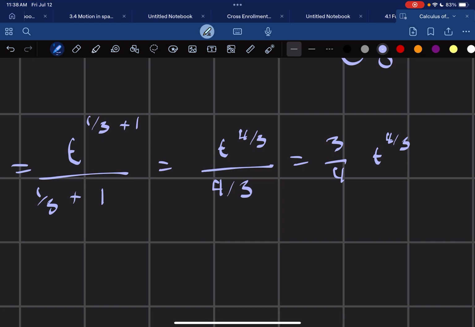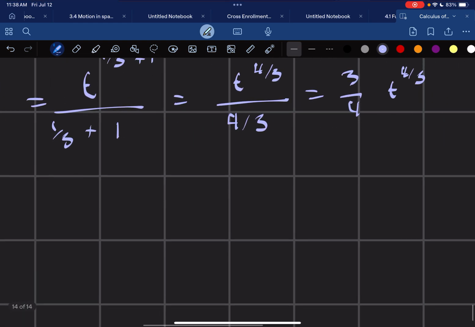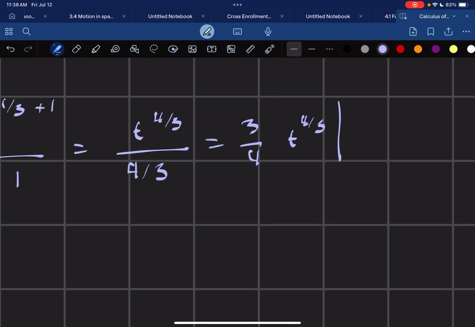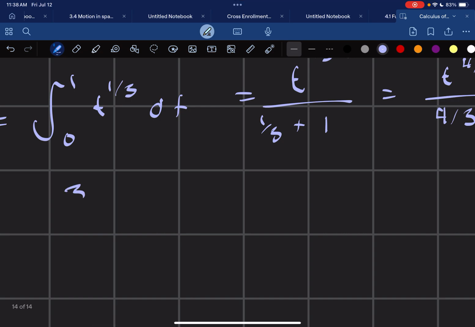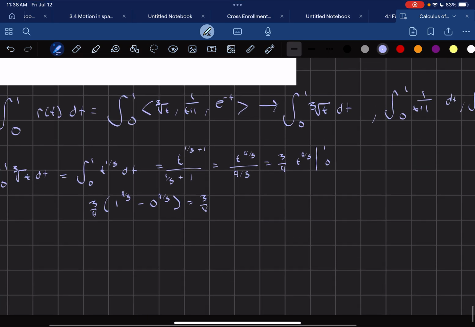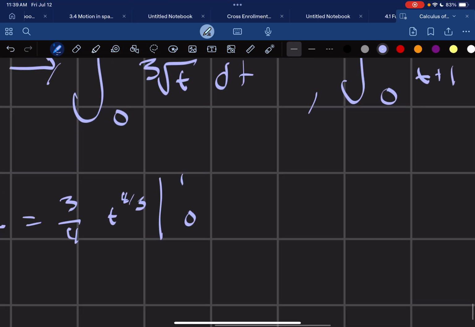Now we evaluate it from 0 to 1. So we have 3/4 of 1 to the 4 over 3 minus 0 to the power 4 over 3. That would equal 3/4. So the first answer is 3/4. Let's write it here.